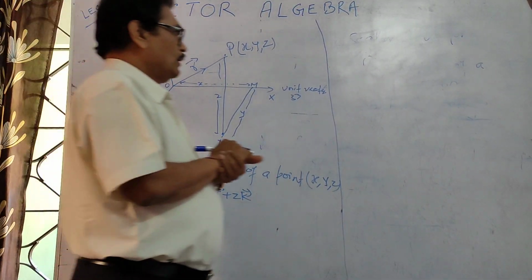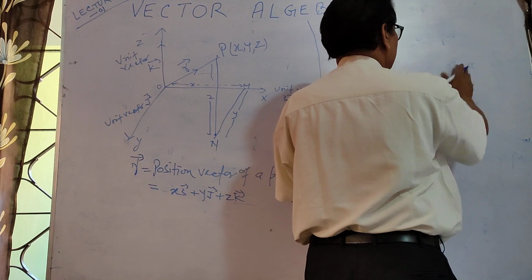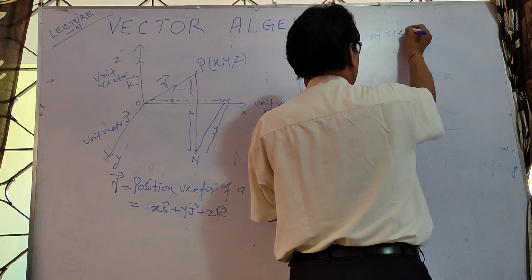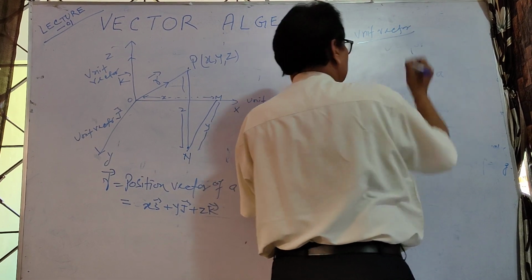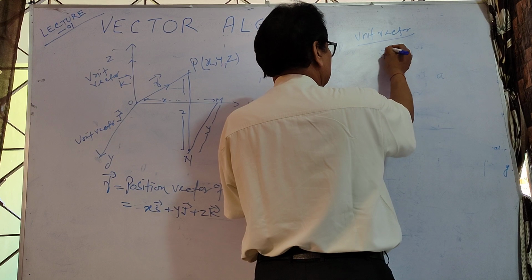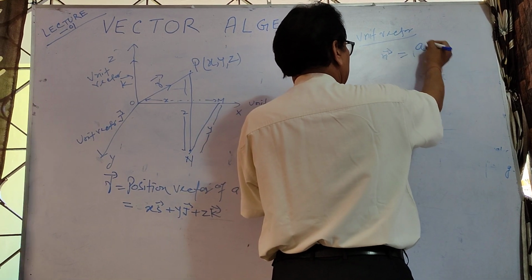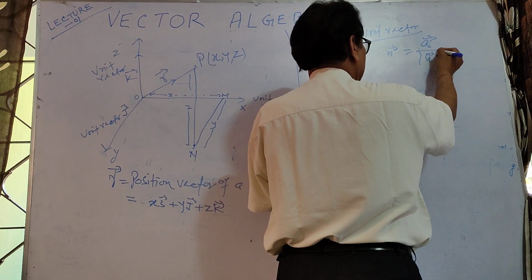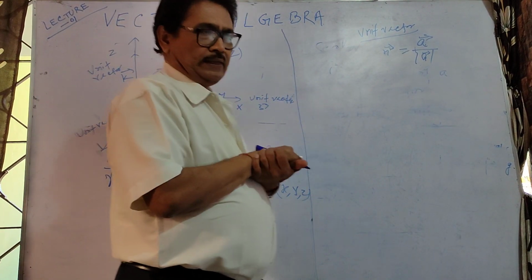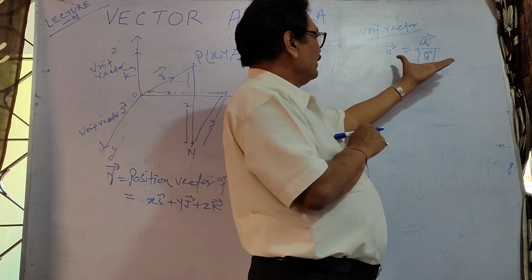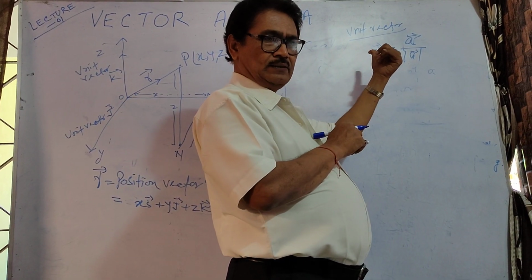Now say, what is the meaning of unit vector? This is obtained from vector A and magnitude of vector A. Any vector divided by its magnitude gives a unit vector.